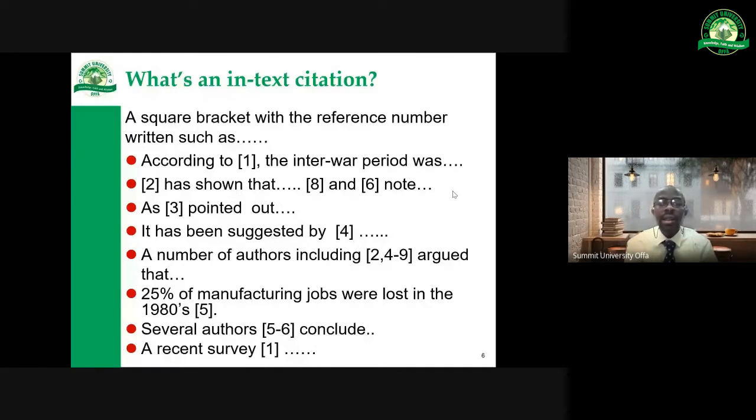That was [1], and then it can be [2] as shown that, and then as Lee pointed out, it has been suggested by [4]. So a number of authors, including this, argued that. What you are seeing on your screen now is what is called in-text citation, using the IEEE format.